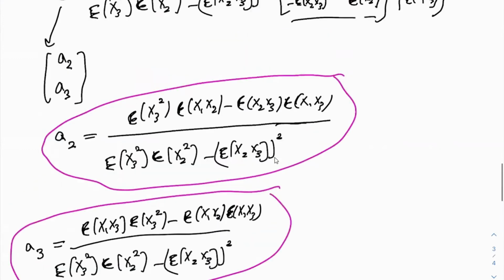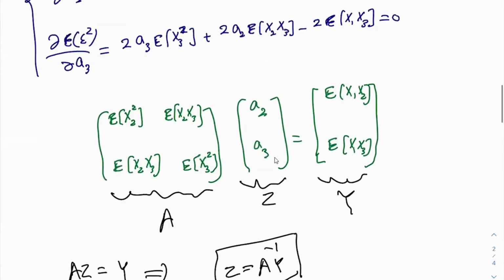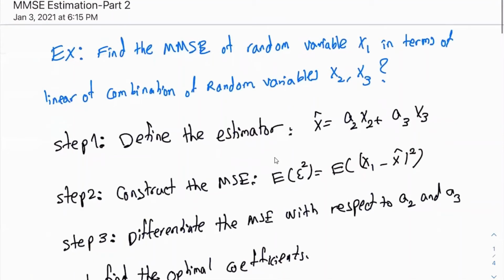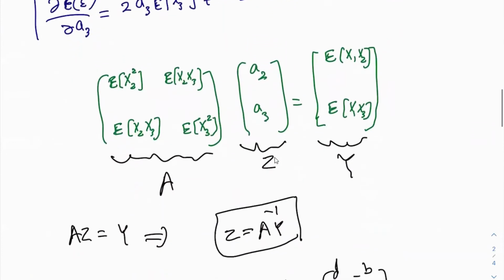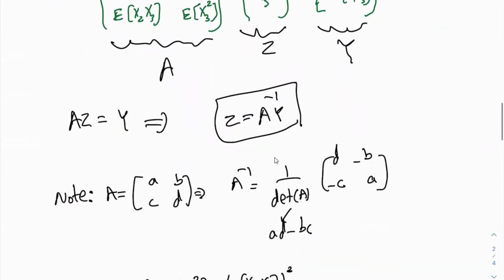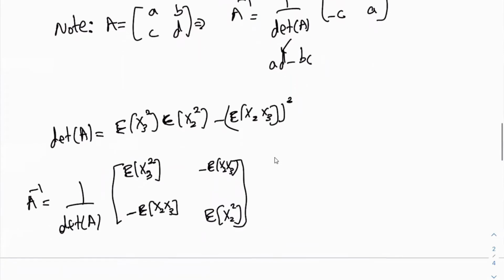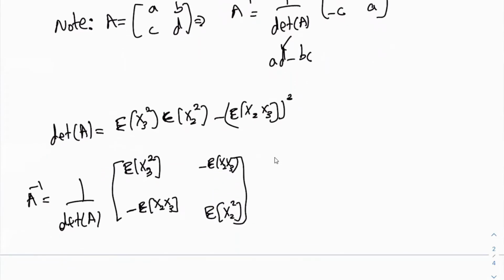So this was a pretty good example of how to estimate a random variable using a linear combination of two random variables. You can expand this to n random variables. The procedure is the same, and you can follow the steps that I outlined here or in the last video to calculate the MMSE for any problem. In the next video, I'm going to talk about MMSE estimation given that I observe another random variable, so I have more information.